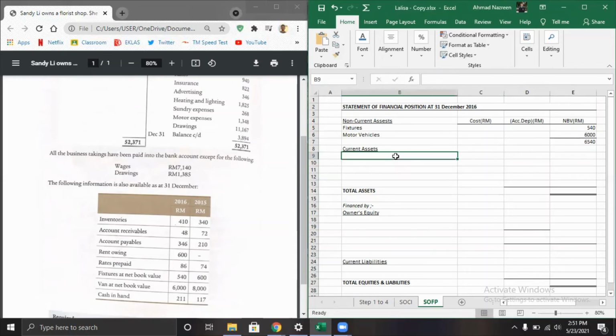For the current asset, firstly is account receivable. Then inventory, cash, bank, and lastly, prepaid rates.